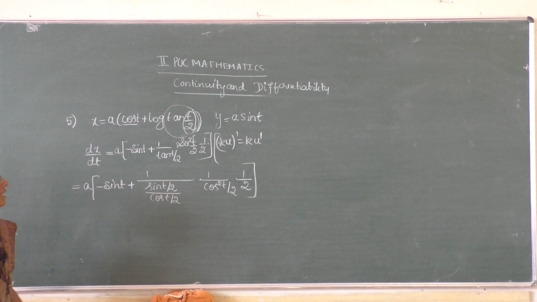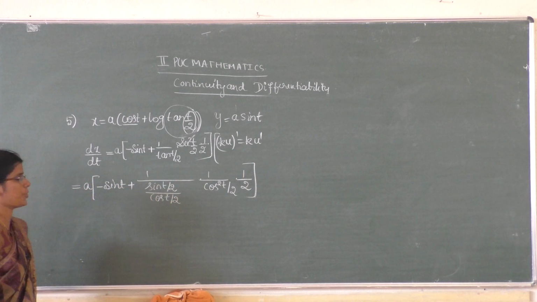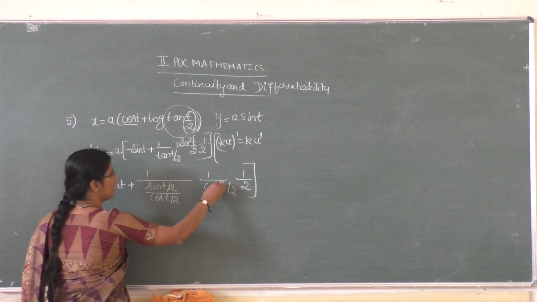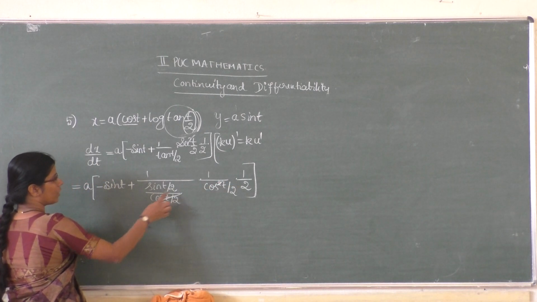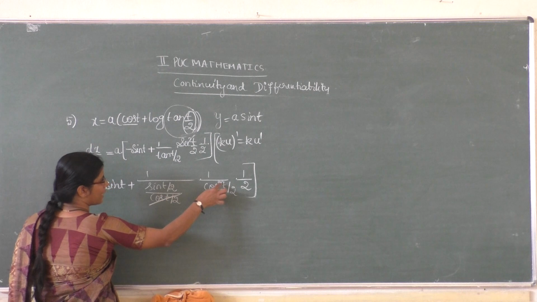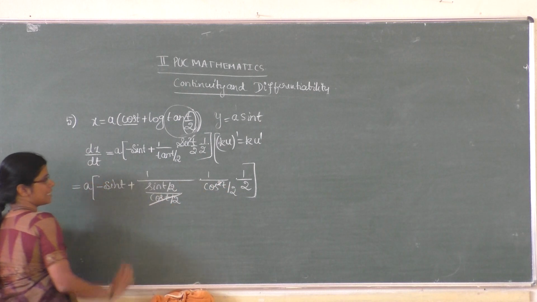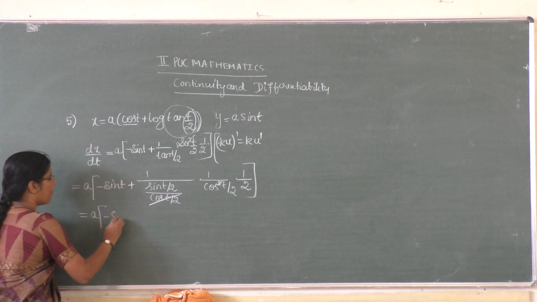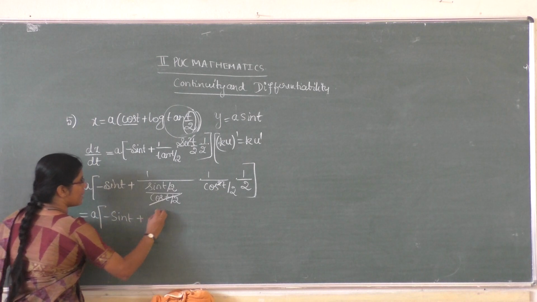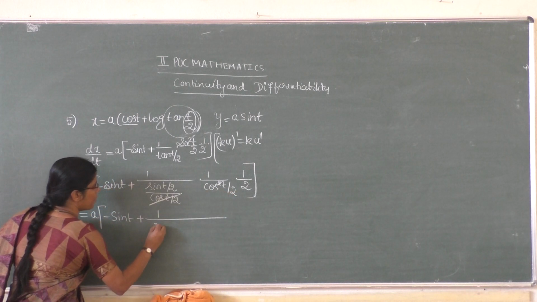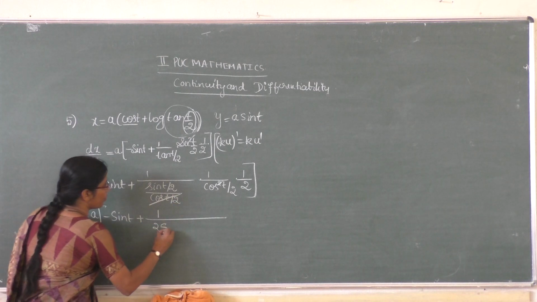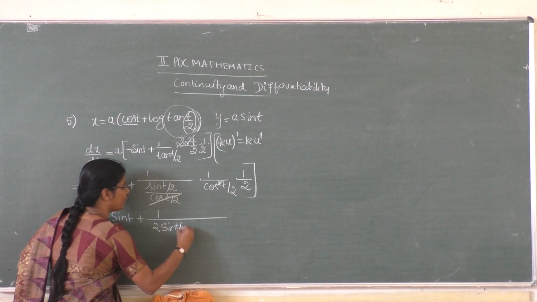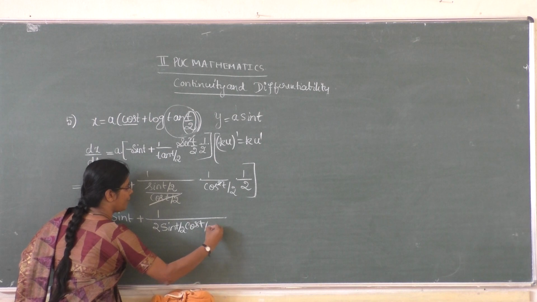Okay, so this is how we take the simplification. Next, here we have one cos, that cos square t by 2, so that one cos is cancelled with this cos. Okay, so now we get a into minus sin t plus this becomes 1 by 2 into sin t by 2 into cos t by 2.